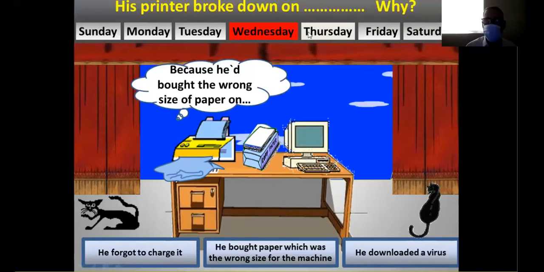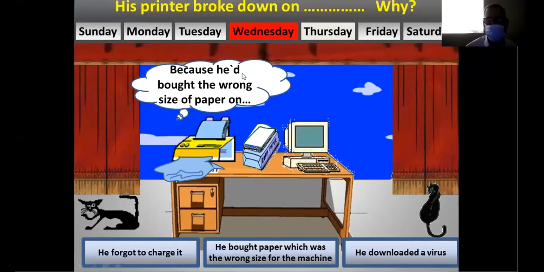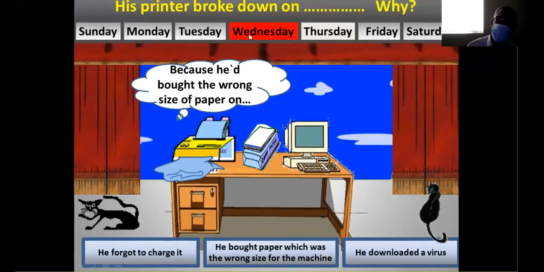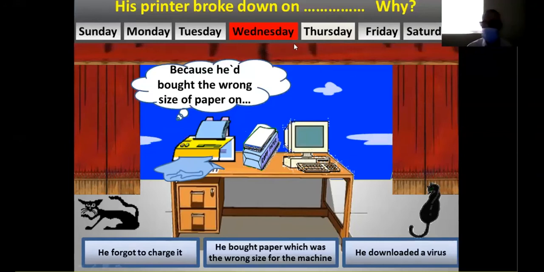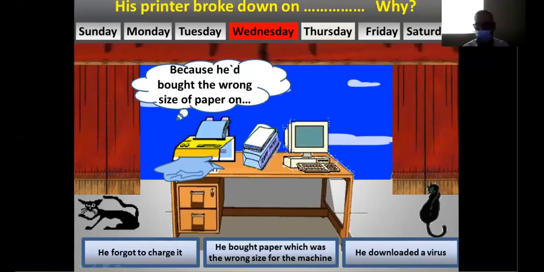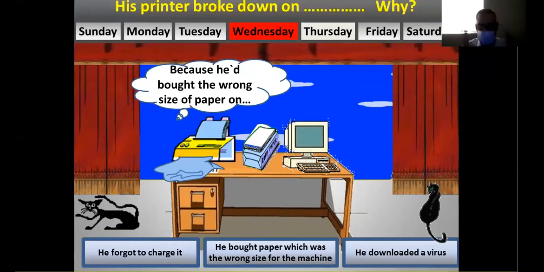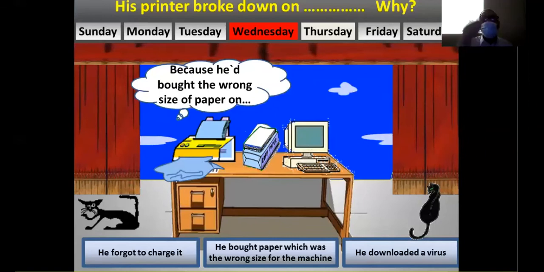So this was on Wednesday. So on Thursday, it didn't work. On Wednesday, he had put the wrong size, and on Thursday, it didn't work. So we have two actions, first and second. I just concentrate on the conception of the tense and not the form of the tense.